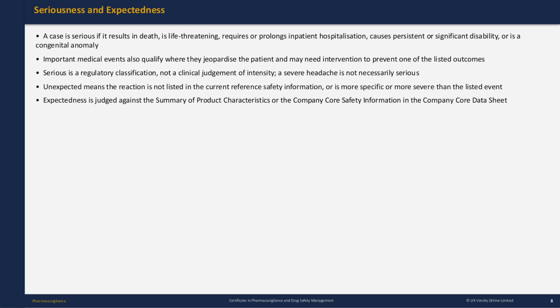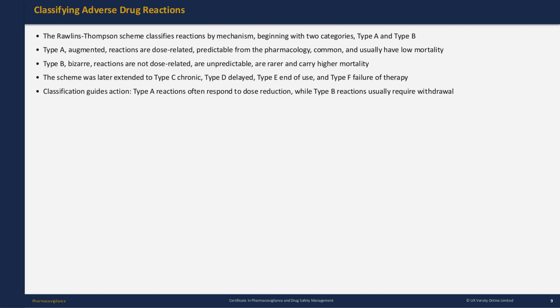Serious is a regulatory classification, not a clinical judgment of intensity. A severe headache is not necessarily serious. Unexpected means the reaction is not listed in the current reference safety information, or is more specific or more severe than the listed event.